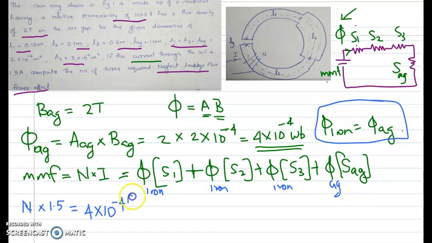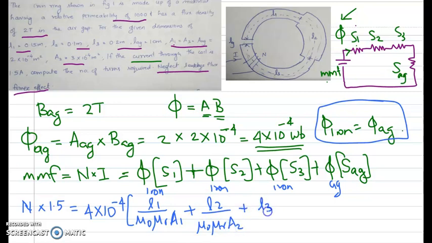Then S1 is nothing but L1 divided by mu 0 mu r A1, plus L2 divided by mu 0 mu r A2, plus L3 divided by mu 0 mu r A3, plus Lg divided by mu 0 into Ag. The mu r of the air gap is 1, so I am not going to write mu r here.